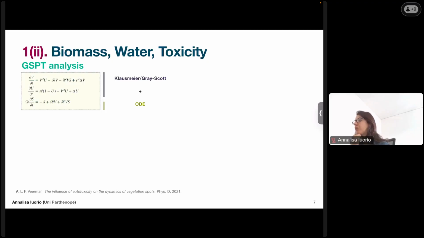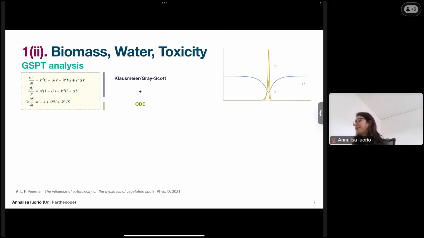And we started working together on this, and we realized that if you non-dimensionalize this model in a suitable way, you really end up with an extension of very classical models that have been analyzed in detail, also using GSPT, that are the union of a Klaus-Meyer-Gray-Scott model plus an extra equation that is of ODE type, because I forgot to mention it before, but in this first model, we assume that toxicity does not diffuse. So we do not have an explicit diffusion term, a Laplacian term, for the toxicity equation.